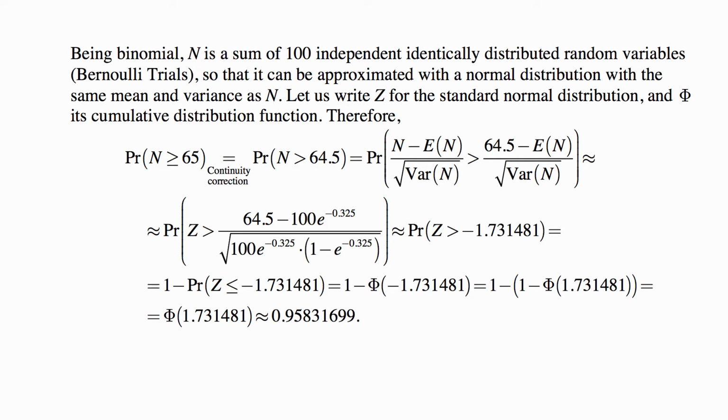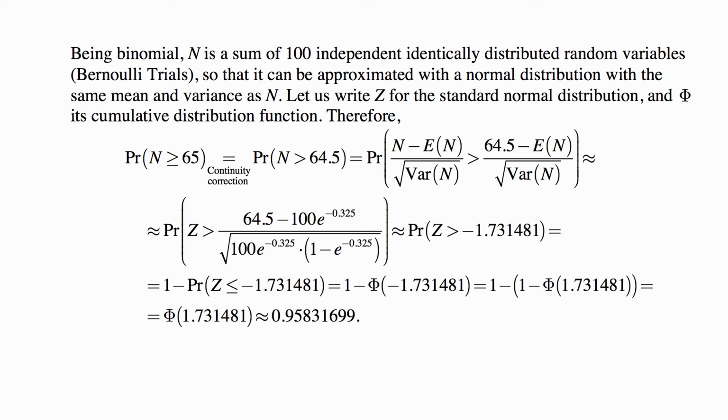1.731481. Or you can formally prove it by noticing that this is the same as 1 minus the probability that Z is less than or equal to this number that we have here. But phi of minus something is the same as 1 minus phi of that something.